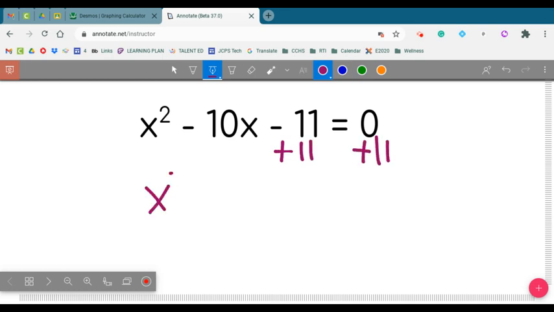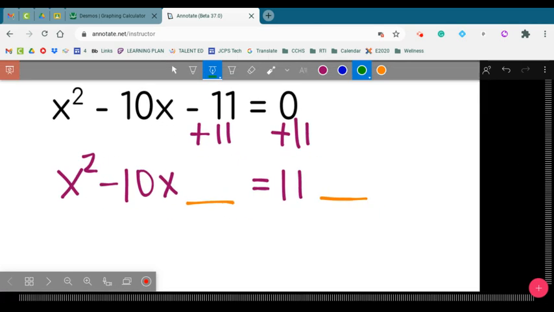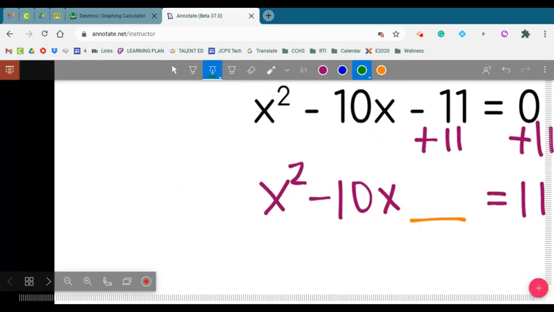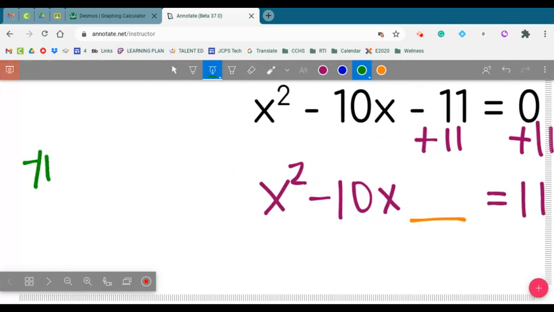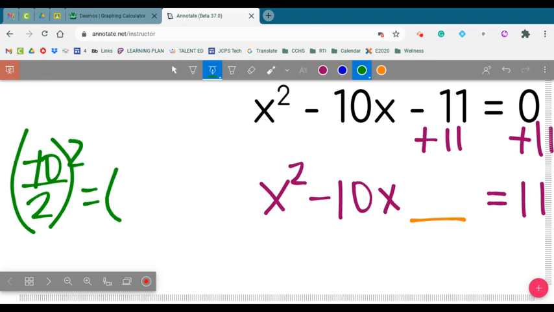So I get x squared minus 10x equals 11. I'm going to leave space next to that 10x and next to the 11 because I know my new c value has to go there. To find our new c, I'm going to do it over to the side here. I'm going to take negative 10 divided by 2, and I'm going to square it. So I get negative 5 squared, which equals 25.